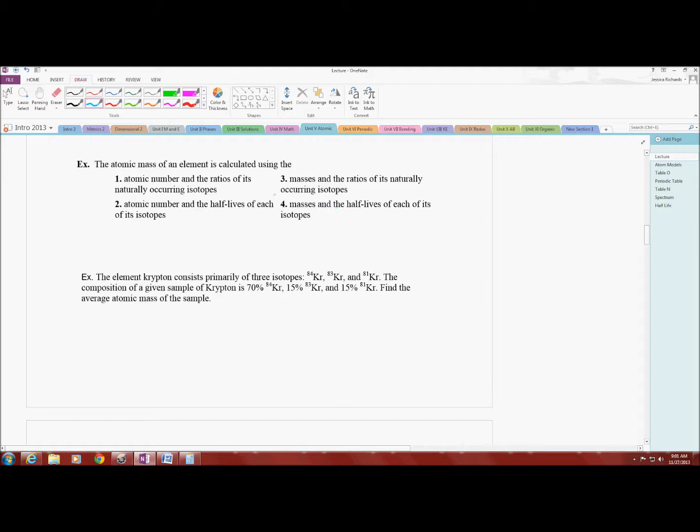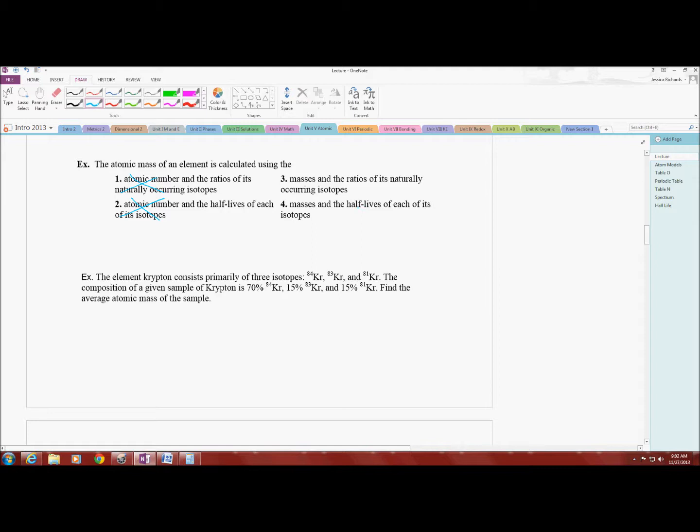So they obviously have these 4 choices, and we can eliminate 2 of them if you know one of the 2 parts. Okay, so if you can remember that mass is, of course, based on their masses, hopefully you're automatically going to get rid of the atomic number ones. That leaves us with ratios of isotopes or half-lives.